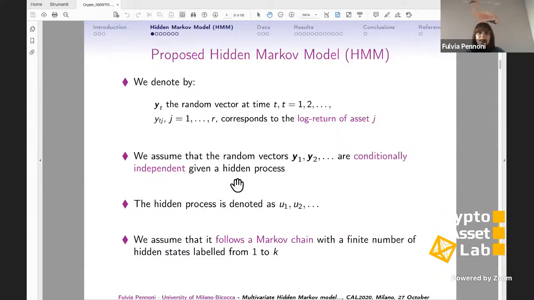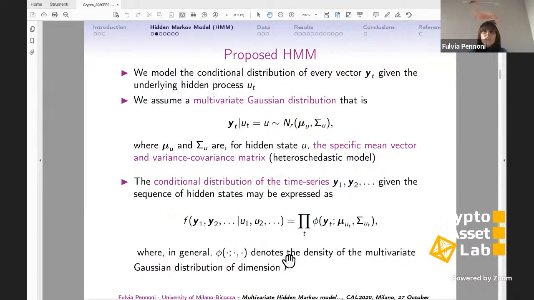We assume that these random vectors are conditionally independent given a hidden process, denoted by U_1, U_2, and so on, and this hidden process follows a Markov chain having a finite number of states or regimes, which we label from 1 to K. In these settings, we are modeling the conditional distribution of every vector y_t given the underlying latent process u_t, and for simplicity we first of all assume a multivariate Gaussian distribution.